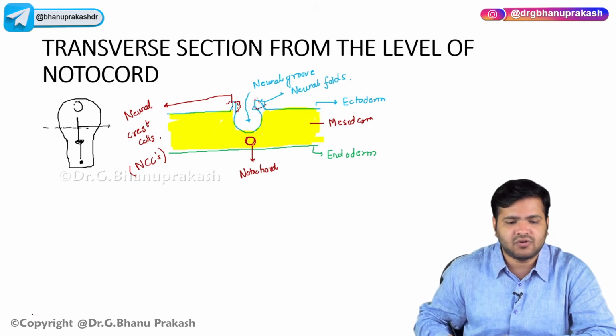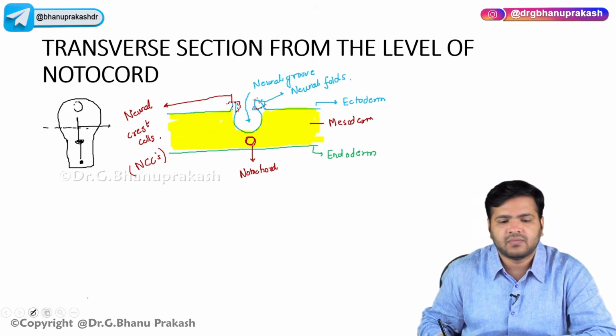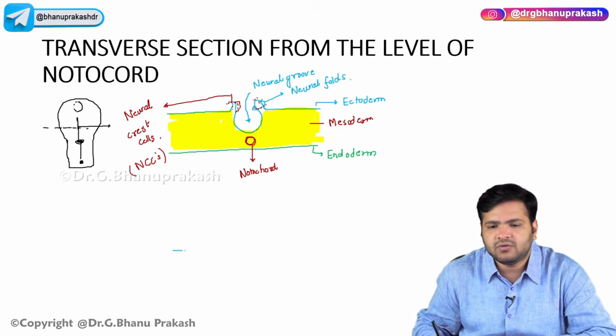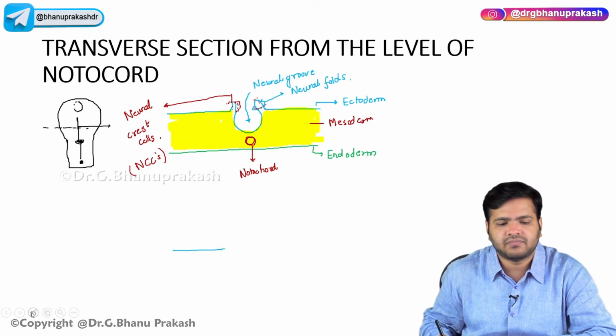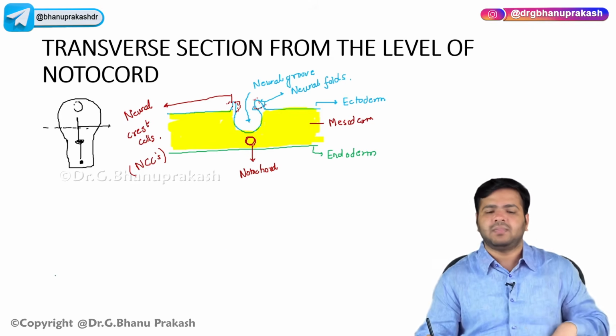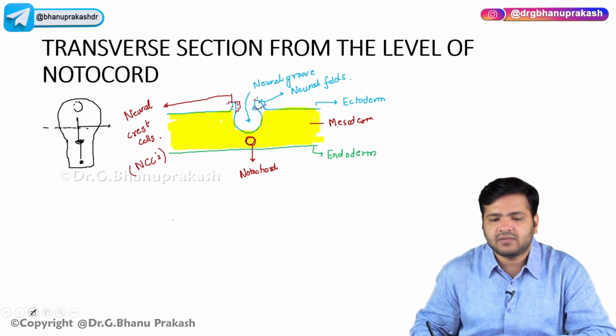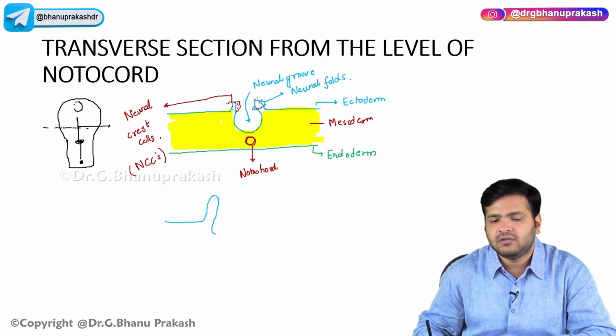Let us just draw and see this. Now, you already know that. Let us draw the endoderm like this, okay. Now you already know that, let us suppose this is the neural folds which you can see over here, right?